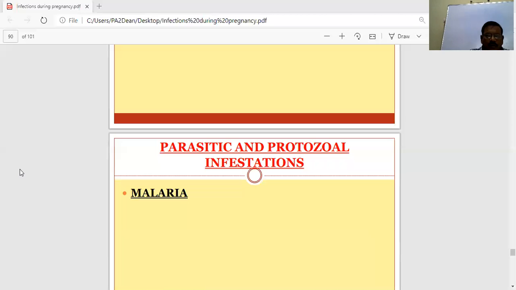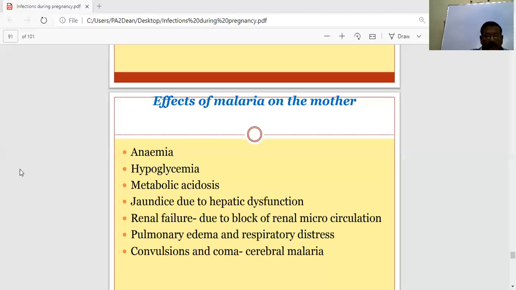Parasitic and protozoal infections: malaria. Effects of malaria on the mother are anemia, hypoglycemia, metabolic acidosis, jaundice due to hepatic dysfunction, renal failure due to block of renal microcirculation, and pulmonary edema and respiratory distress.